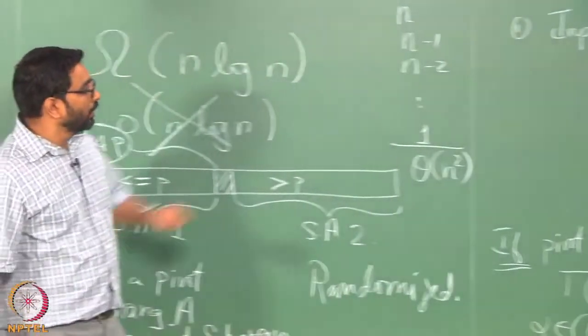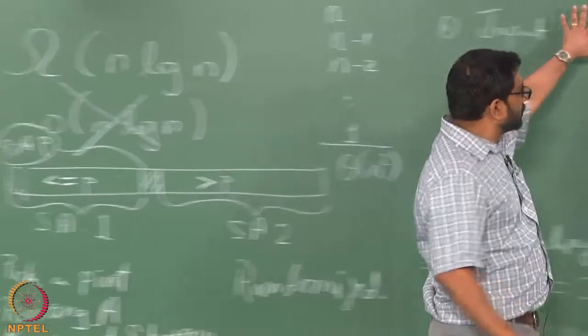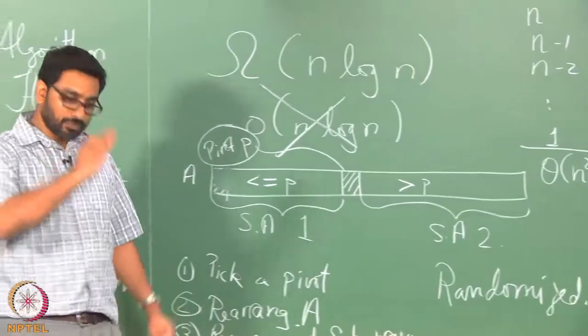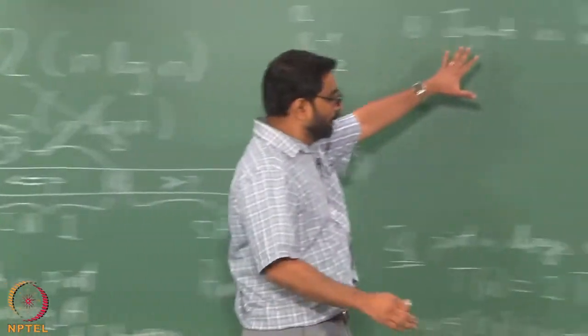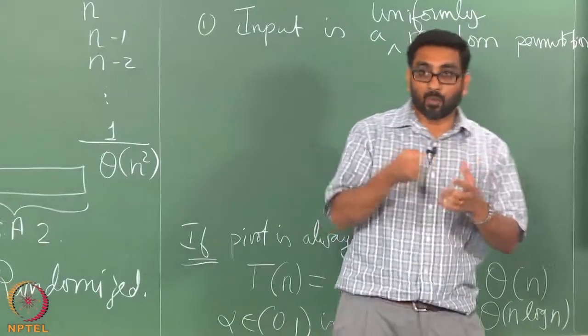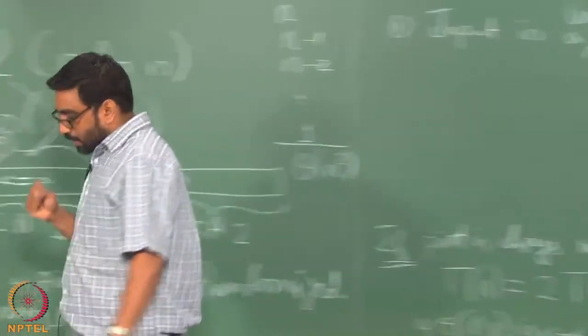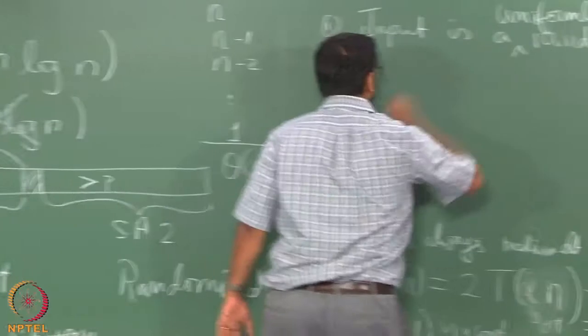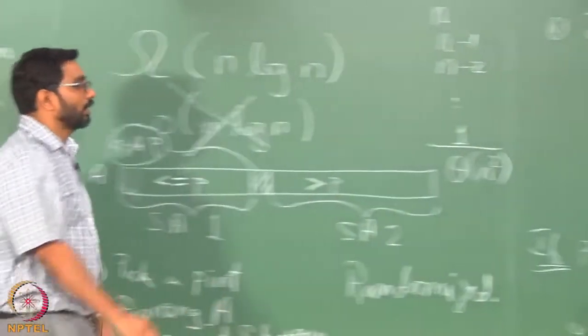So that gives us a lot of hope, because when we use randomization, we're likely to get the pivot element to be somewhere in the middle. So that gives us hope that this will work, and it's in fact correct.